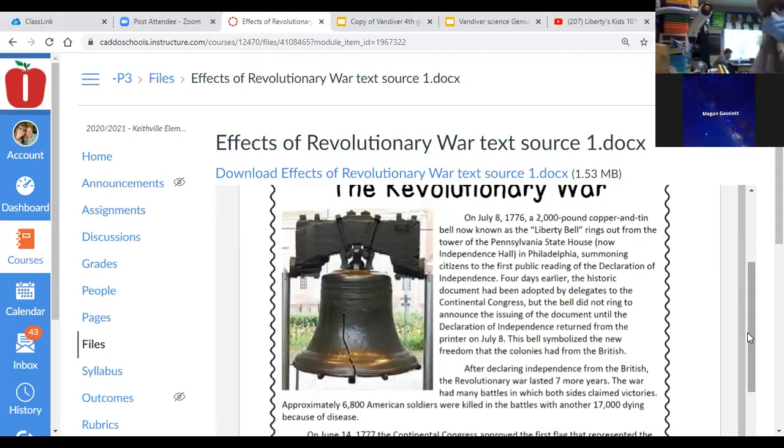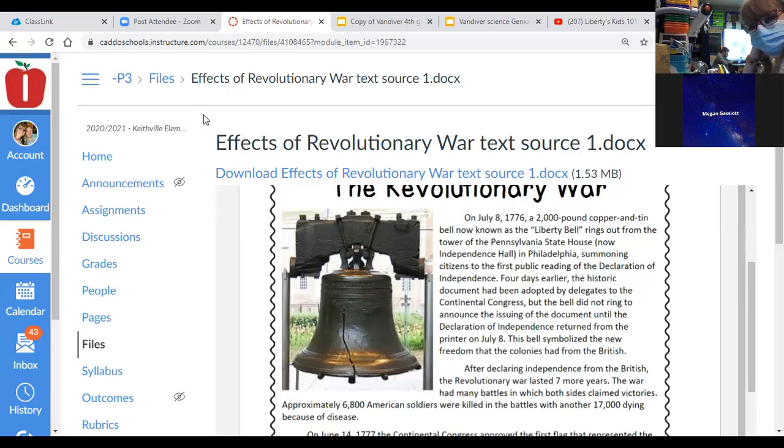On July 8, 1776, a 2,000-pound copper and tin bell, known as the Liberty Bell, rings out from the tower of Pennsylvania State House, now Independence Hall, in Philadelphia, summoning citizens to the first public reading of the Declaration of Independence.